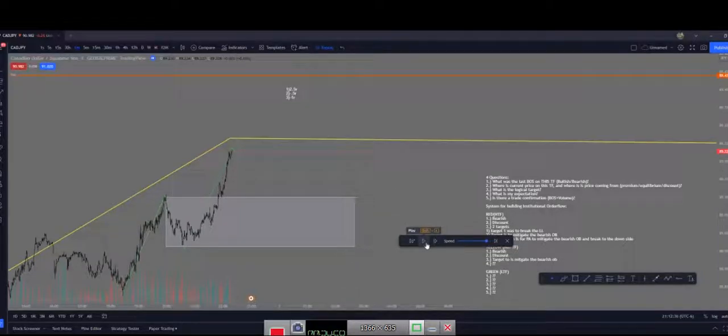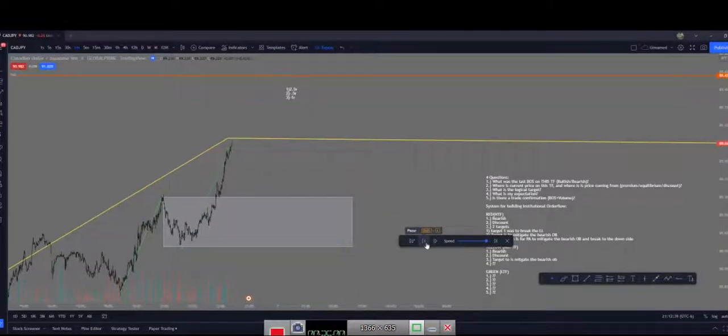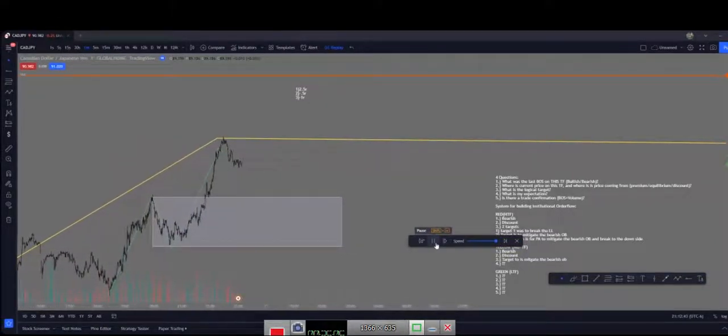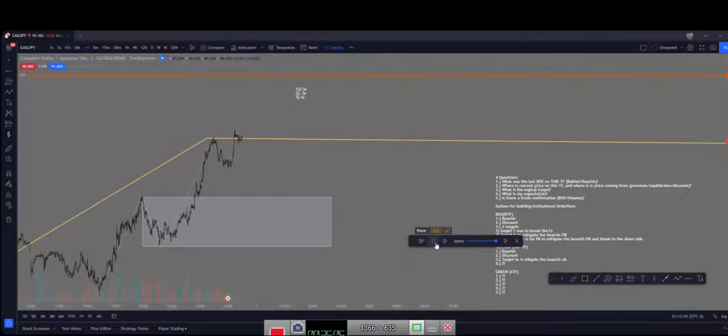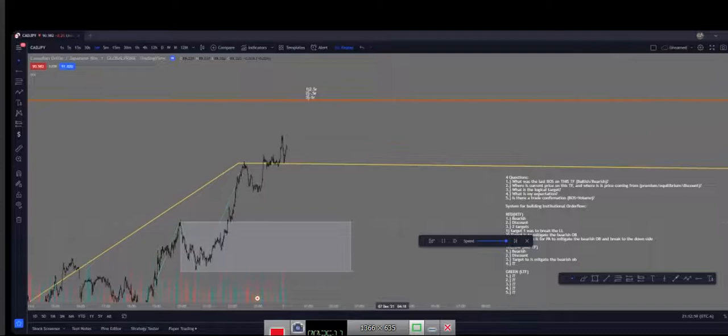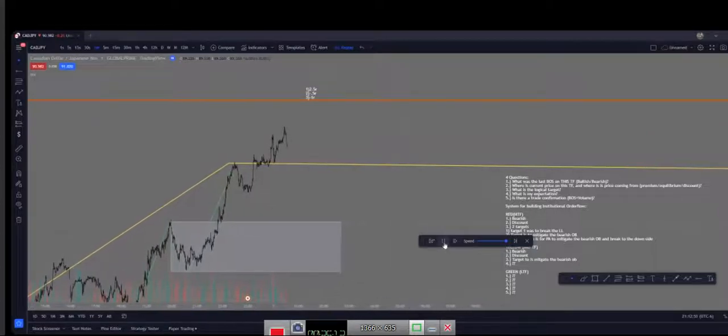All right, we'll see. So you're saying as soon as it breaks this you want to go long, or you want to see some confirmation?